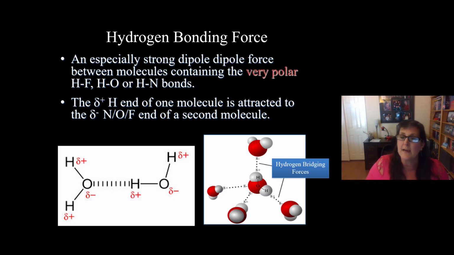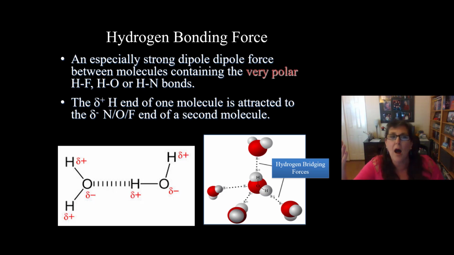Now the second picture here is pretty, with the red oxygen atoms and the white hydrogen atoms, and you can see the hydrogen bonding forces with the dotted black lines. It's always a positive H to a negative O, a positive H to a negative O. It's never H to H or O to O, because opposites attract.